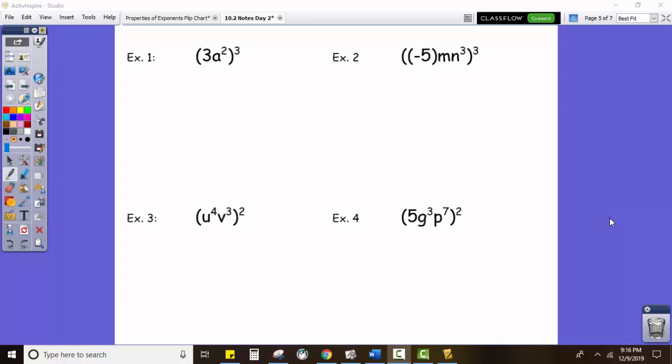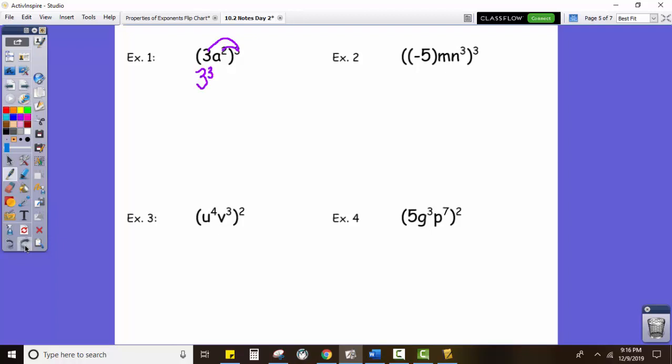Okay, so now we're going to do a few more examples here. We are not going to keep writing it out in expanded form. We're going to use the rule that we just looked at with distributing the exponent to each factor inside the parentheses. So for example 1, we have 3a to the second all to the third power. So I'm going to take this exponent of 3 and I'm going to distribute to both factors, the 3 and the a squared. So distribute the 3 to the third power, and then a squared to the third power.